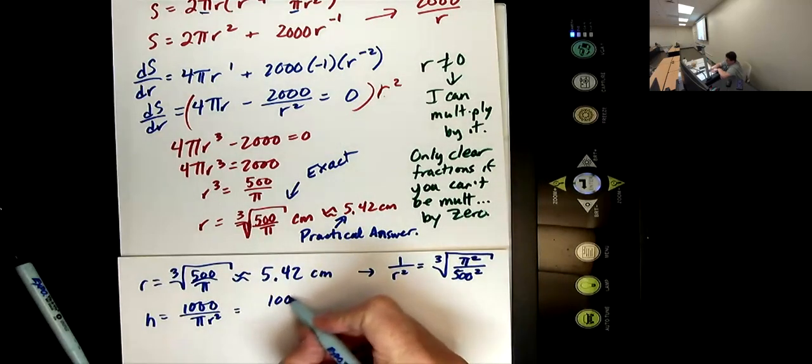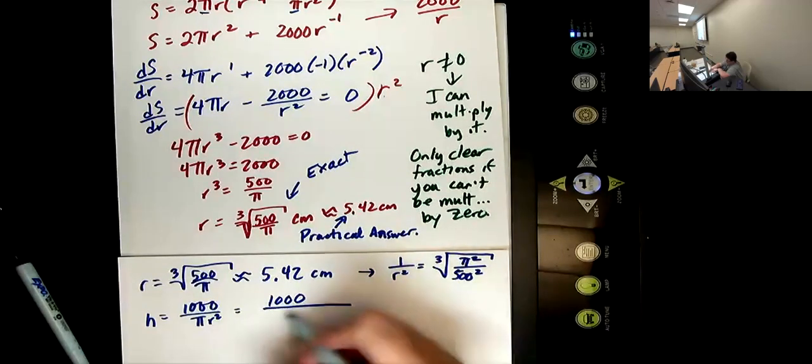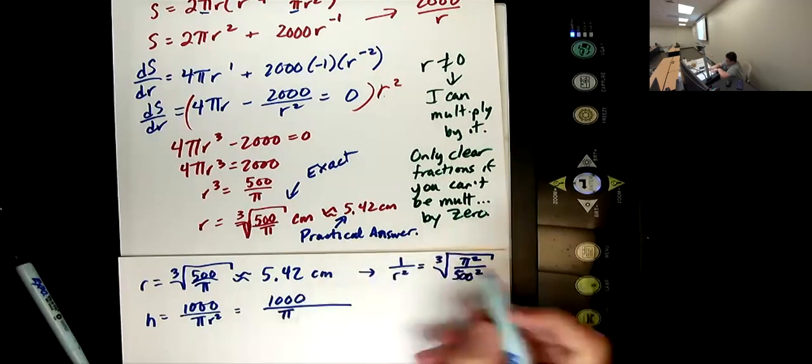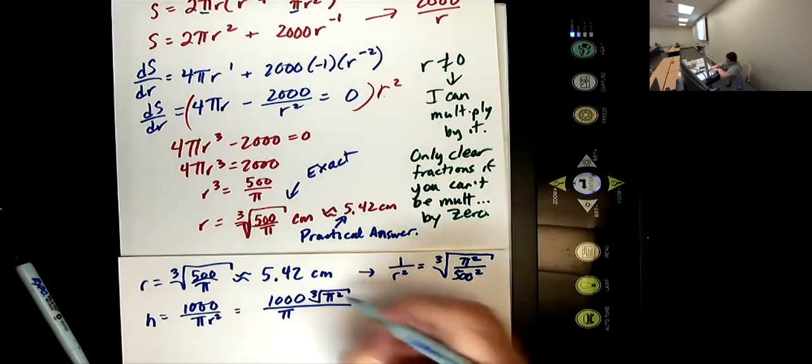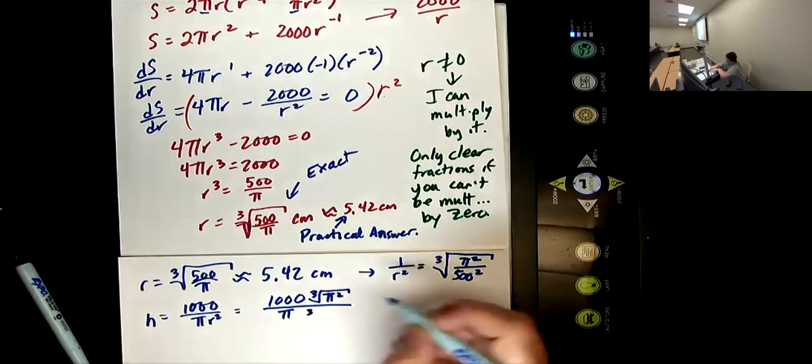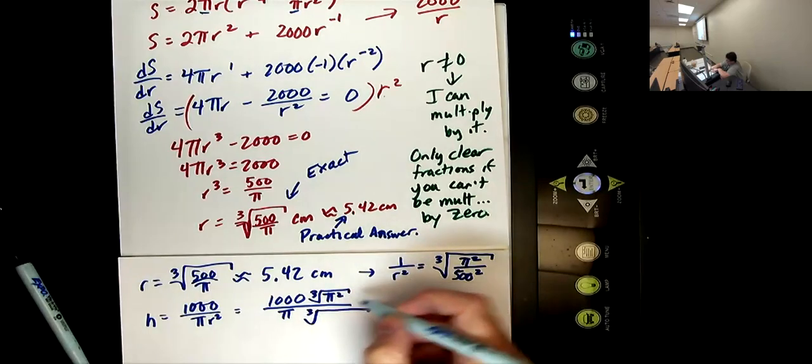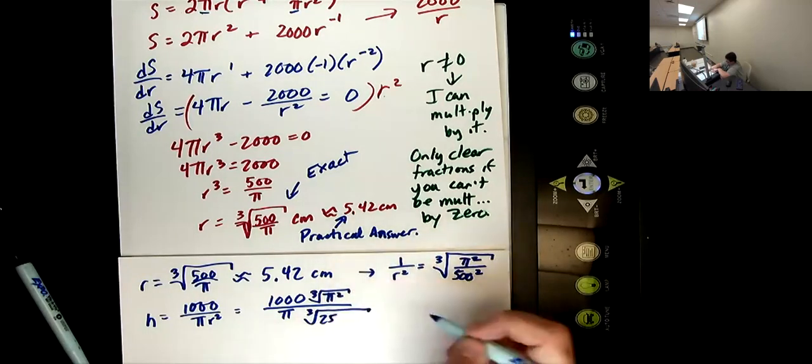So we got 1,000 pi. We got the cube root of pi squared up here, and the cube root of 500 squared. 500 squared is 250,000.